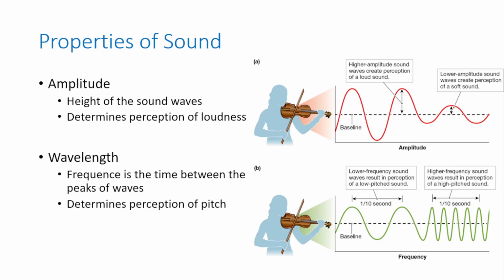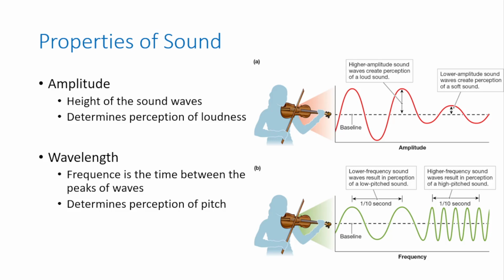Wavelength, which relates to frequency, is the distance from one peak to another peak, and this determines the perception of pitch. So a very low sounding sound, a very low pitch, will have a much larger wavelength, and a high sound will have a very short wavelength.